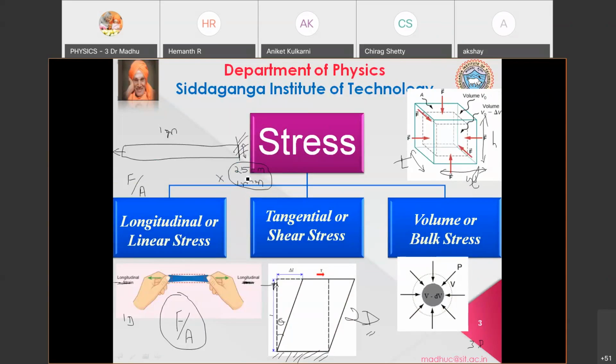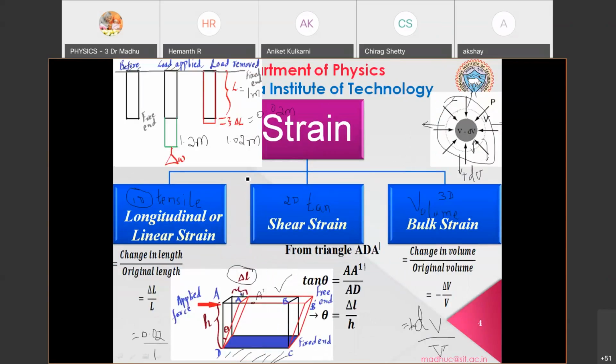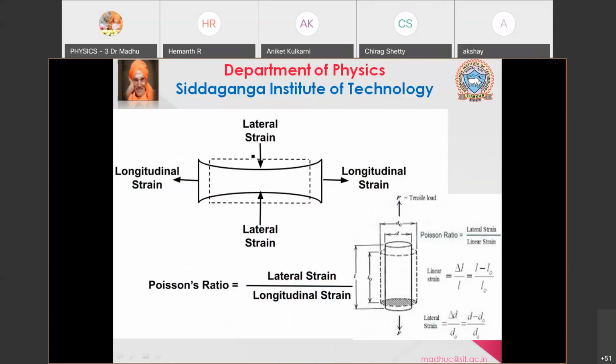In most cases this may not be the situation. If you take some rod that is 1 meter in length and around 0.5 meter in diameter.